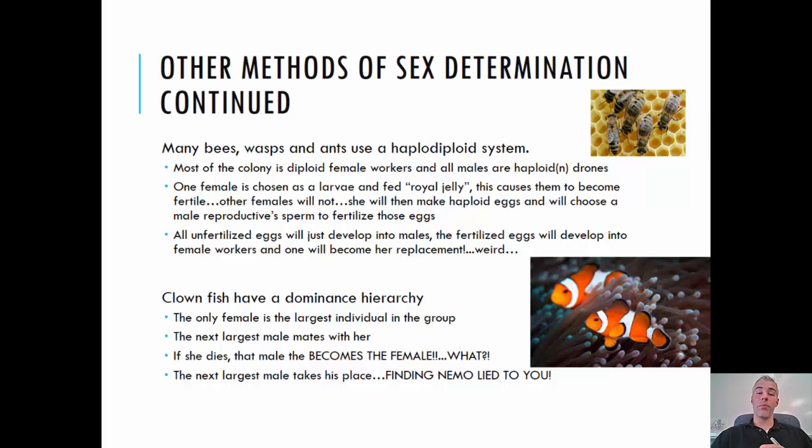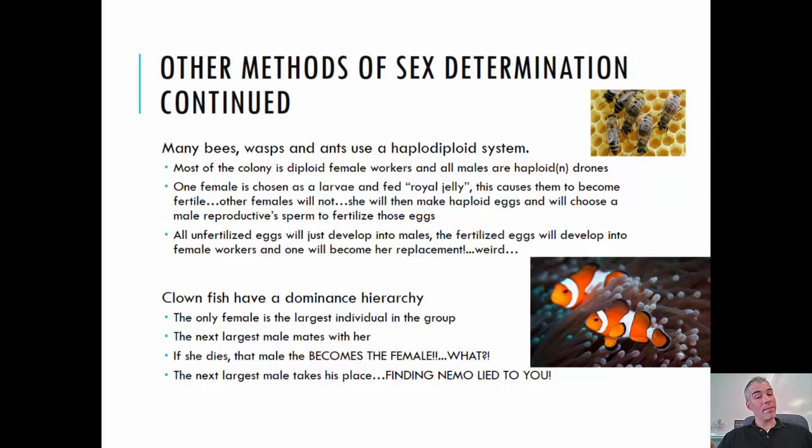And then she will make haploid eggs through meiosis and choose a male's sperm to fertilize her eggs, and then she will make more female worker bees out of that. All unfertilized eggs that she has will develop into males, and the fertilized eggs will develop into females, and eventually they're going to pick one of those females to become her replacement and feed her royal jelly, which is kind of wild. And sometimes they'll even create a new hive as a result of that process.